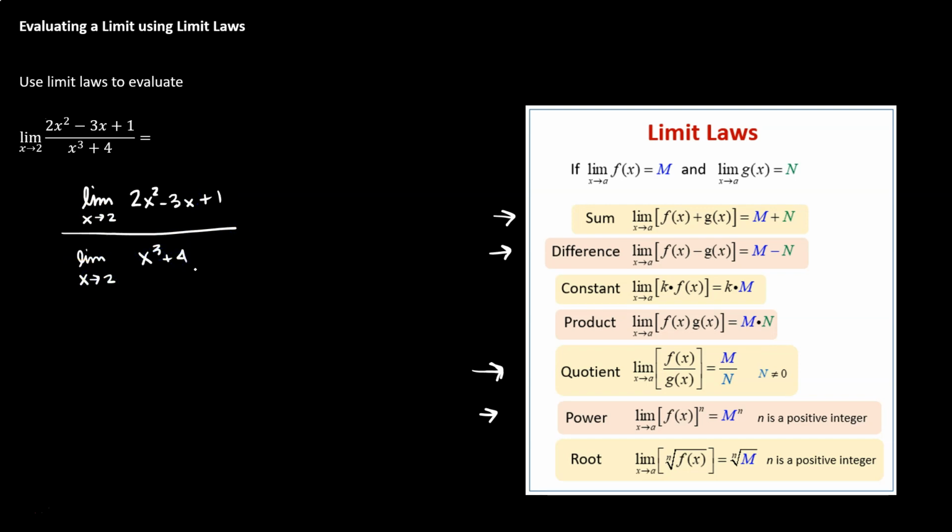Now that I have my numerator and denominator separated with their own limits, I can look for other rules that can be applied. The numerator, I have a difference and a sum, so let's go ahead and separate each of those. The denominator, I also have a sum, so I'll separate those terms.